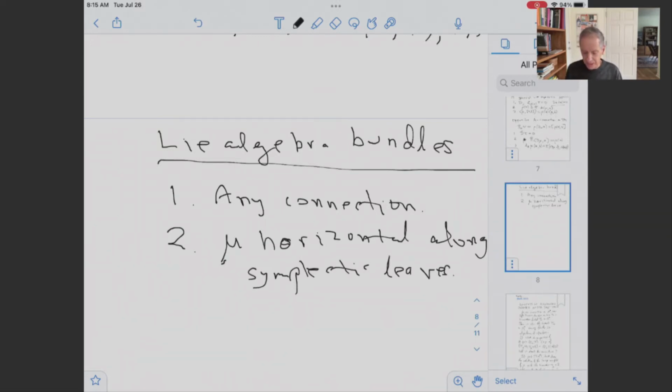Obviously, that's not true for any connection. And in fact, for some connections, it will be the case that mu equals zero is the only momentum section.